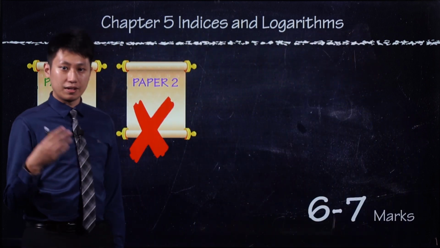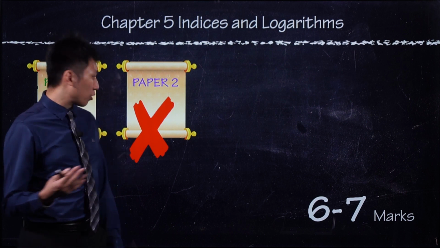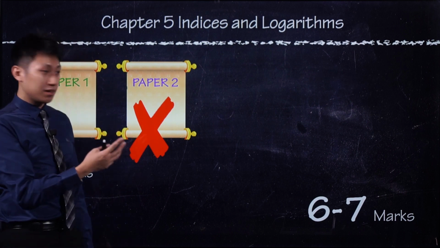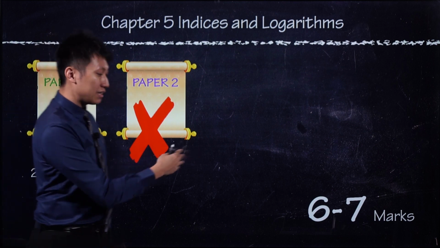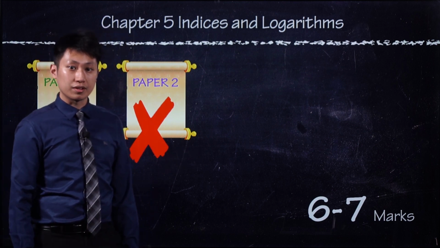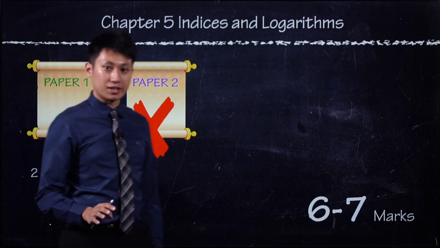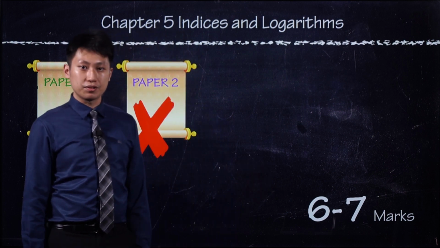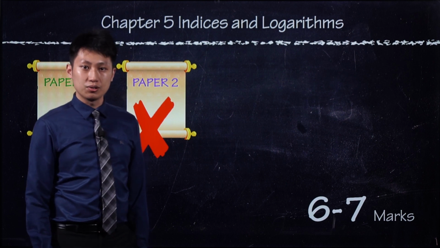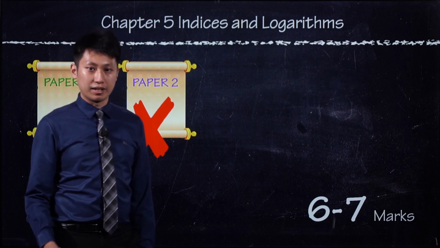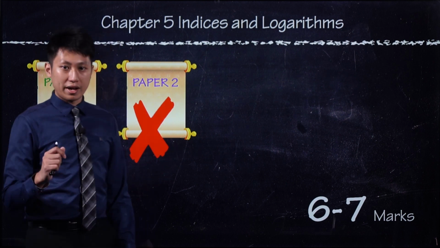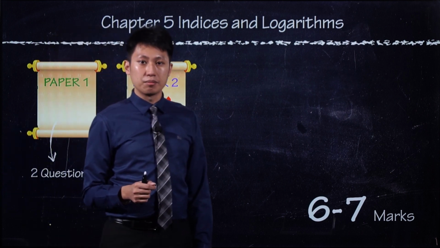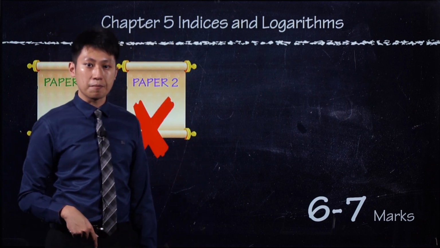But if this year there is 1 question in paper 1 or 1 question in paper 2, maybe the weightage will be slightly higher. Most of the time it's only 6 to 7 marks. In the past 6 to 7 years, there are only 2 times when it comes out in paper 2, where you should feel very happy about it because this is a very simple topic.